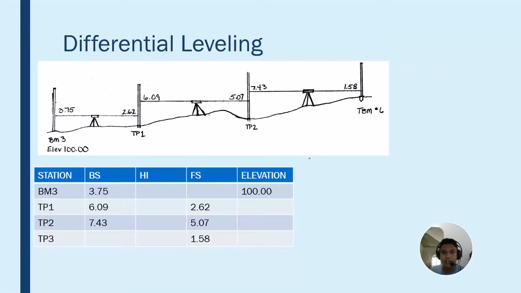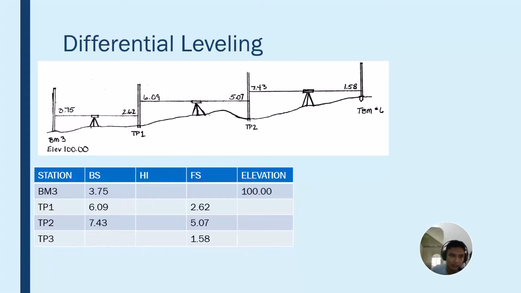Solution for the height of instrument for each course. The formula is simply add the backside to the elevation of the previous station.